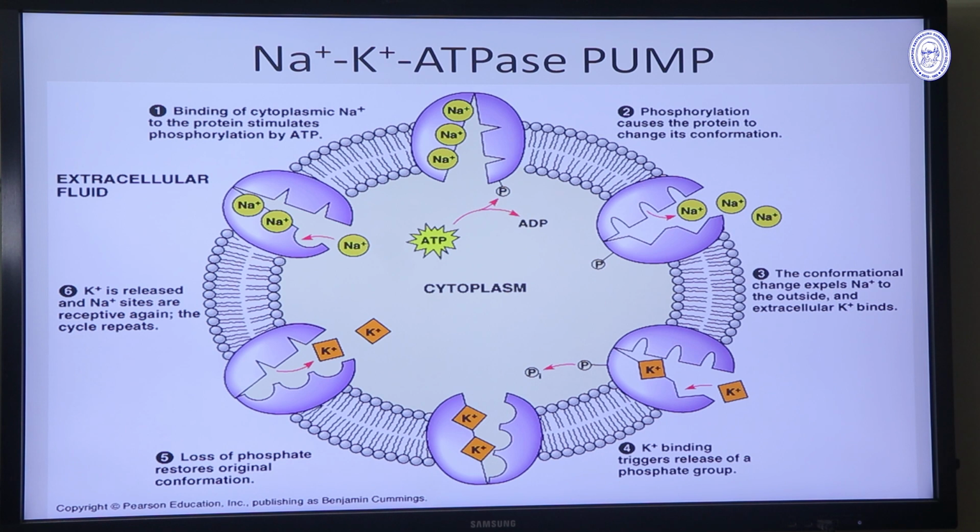Again it will bind 3 sodium ions and this cycle goes on. So, in exchange for 3 sodium ions, 2 potassium ions enter the cell, and for this whole process 1 molecule of ATP is used.